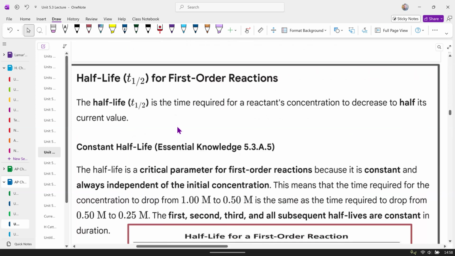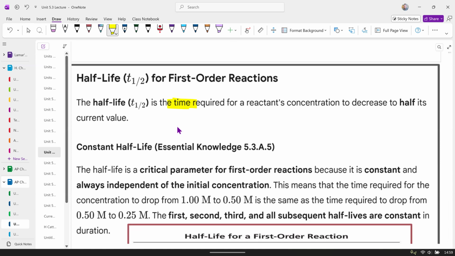So the half-life, if we're looking at a half-life, it's very important to recognize that we're talking about time. The half-life is always going to be expressed as a unit of time. It is the time required for a reactant's concentration to decrease to half its current value.